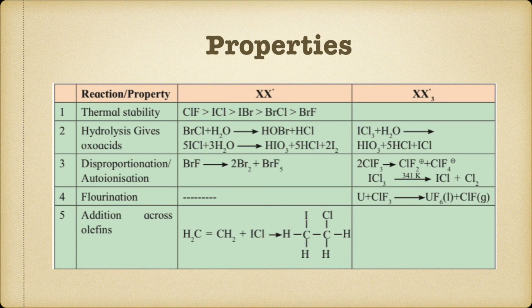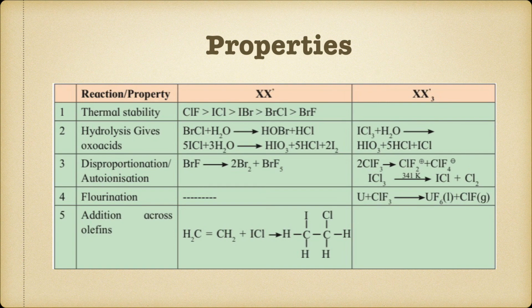Okay, next one, fluorination reaction. For XX'3 type, over here uranium reacts with ClF3 to give UF6, which is liquid, and ClF, which is gas in nature.